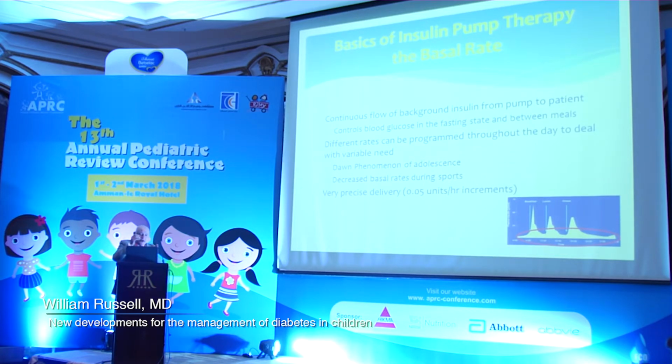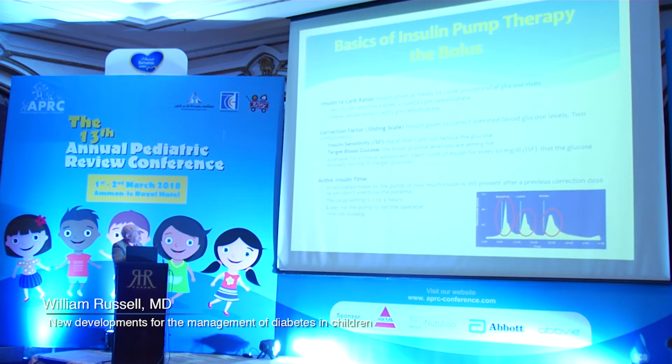You can say between midnight and 2 a.m. it's going to be this long, 2 a.m. to 6 a.m. it's this high. You can change that. But it has a very precise delivery, and this makes it, in my mind, ideal for infants. You'd think, why would you have infants on a pump? There's issues about infants pulling out the pump, but they can deliver very precise doses of insulin. So that's the basal rate, covering that part of that curve.